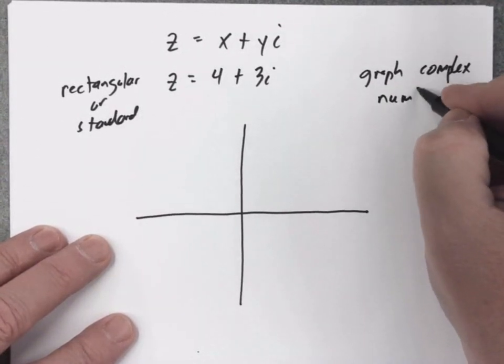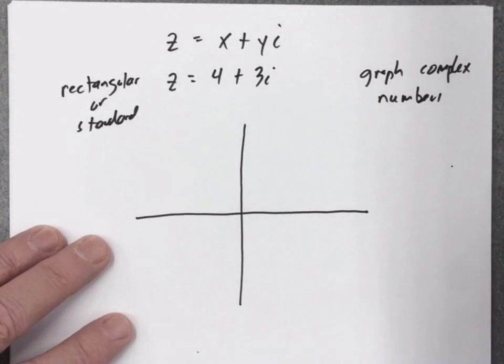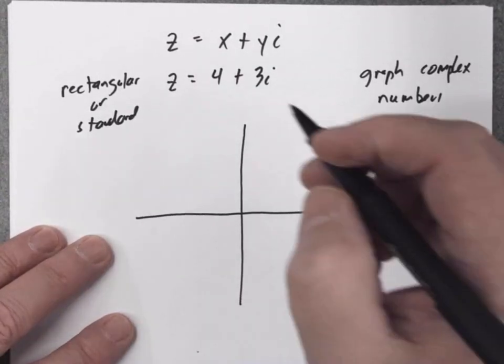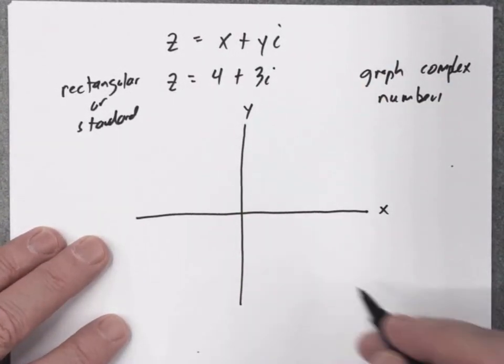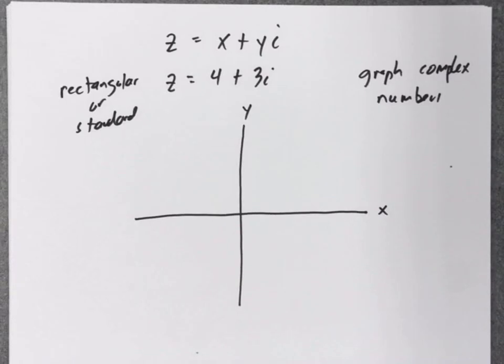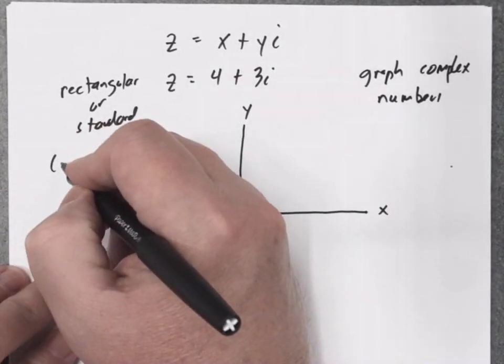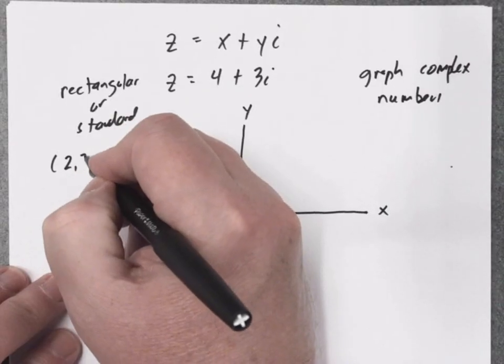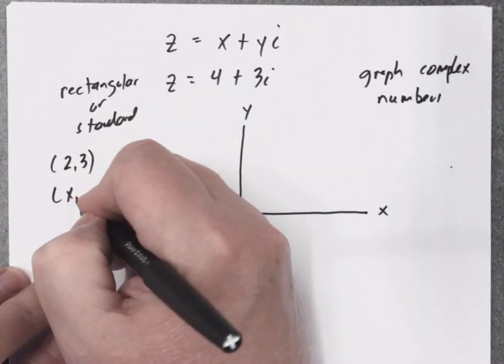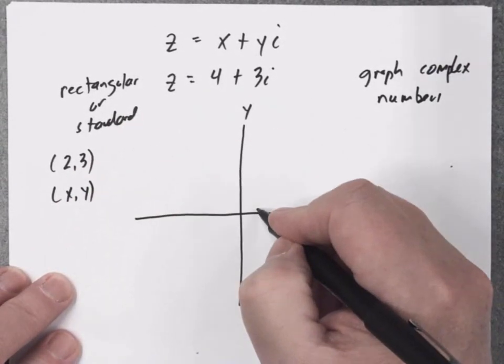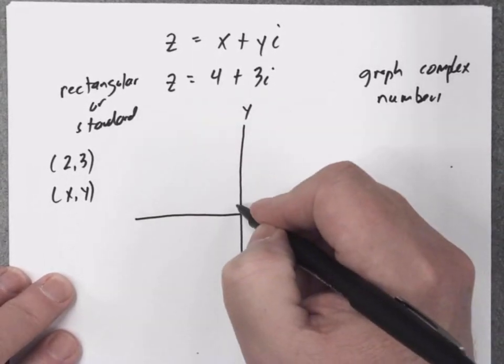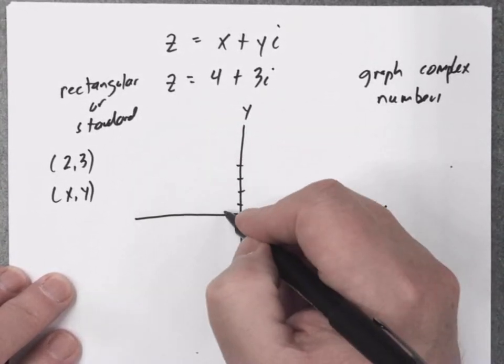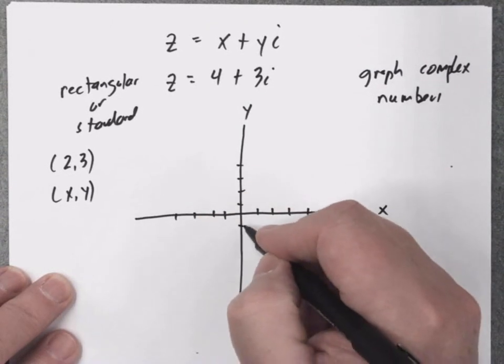Normally when we graph, the horizontal axis is your x-axis, the vertical axis is your y-axis, and you can graph ordered pairs, right? Like if I were to graph (2, 3), I'm not going to actually graph it here, but I would show you where it would be if I were to graph it.